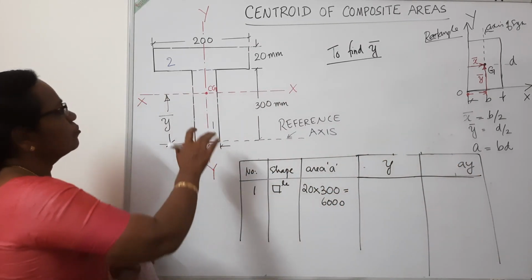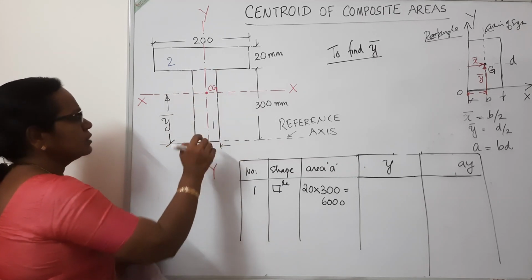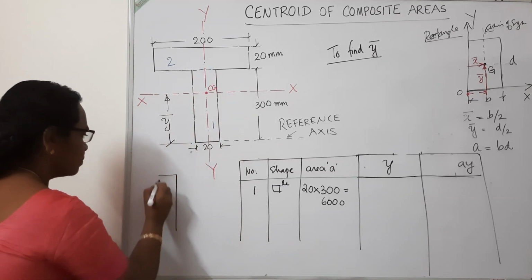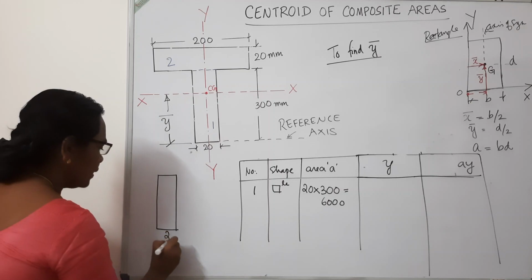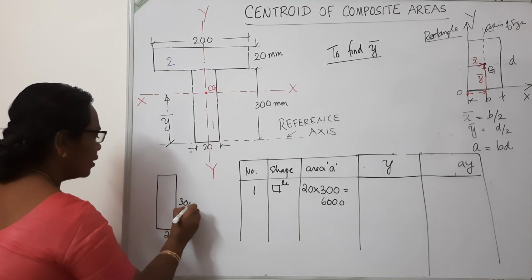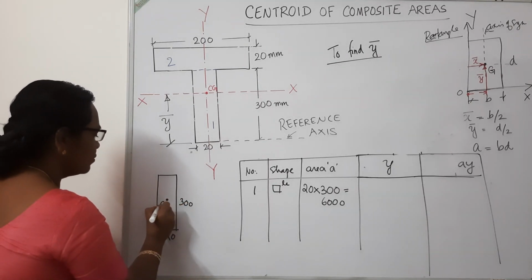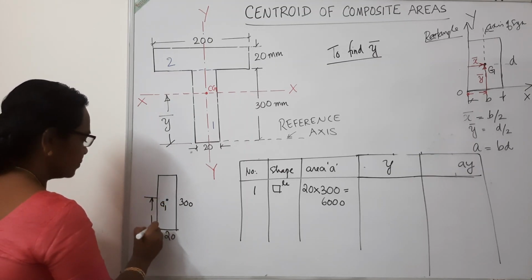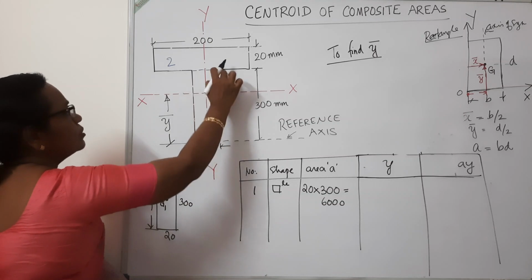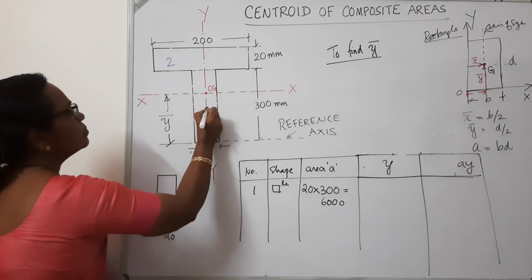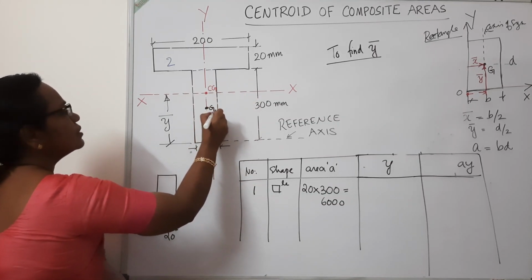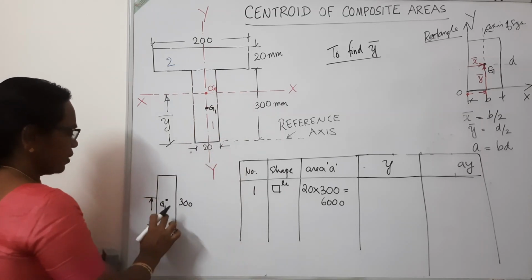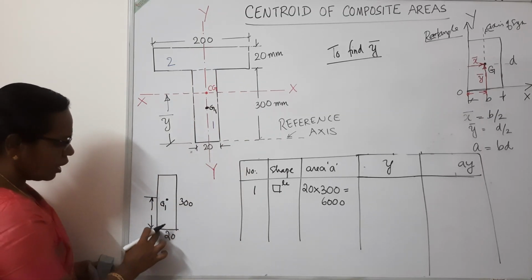What is Y? If we consider this rectangle, this is the first figure, 20 by 300. What is the distance to its center of gravity? This distance. For this figure, somewhere here will be G1, the centroid of this first rectangle. How much distance?